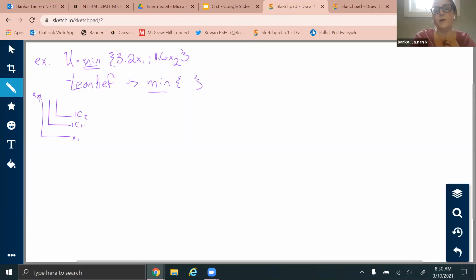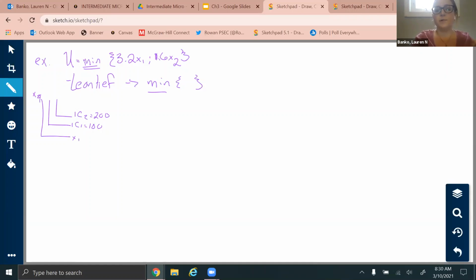On IC1, maybe all of these points give them 100 units of utility. And maybe IC2, because we're going up, is higher, maybe 200. Every point gives them the same level of utility on that one curve. And as we get higher, we get more.